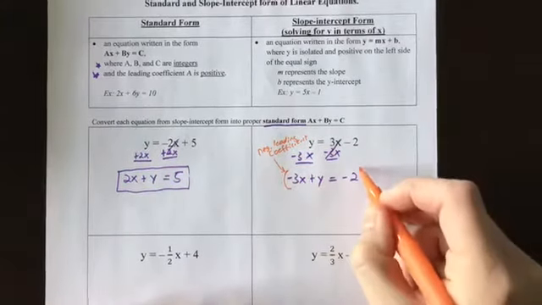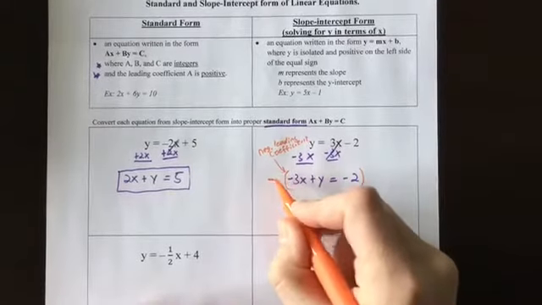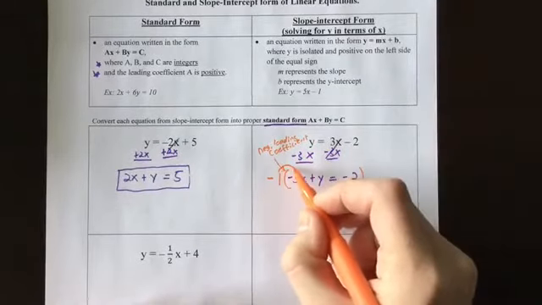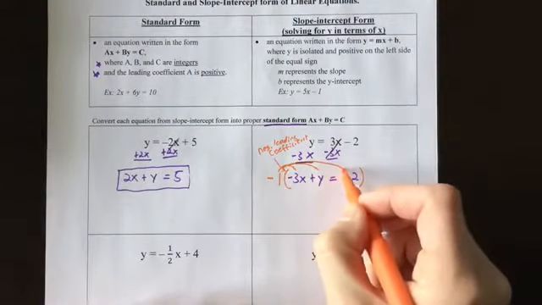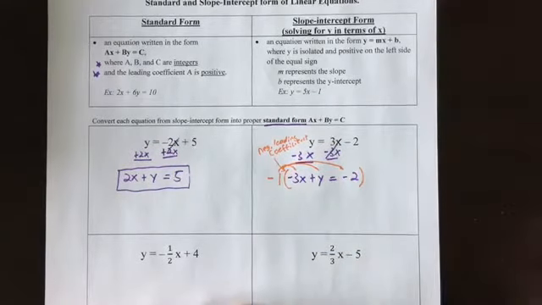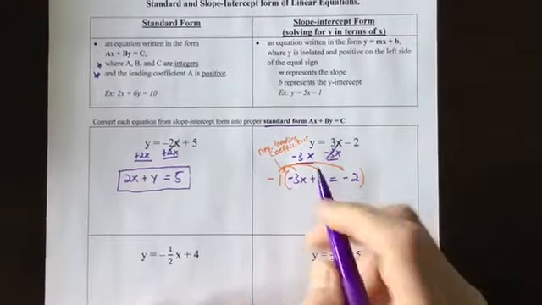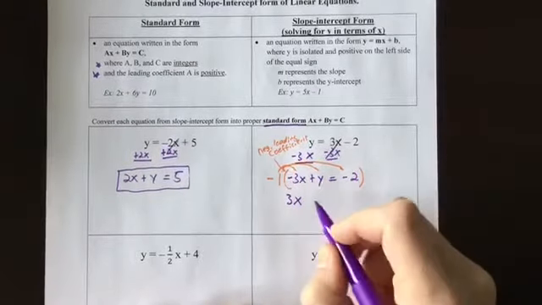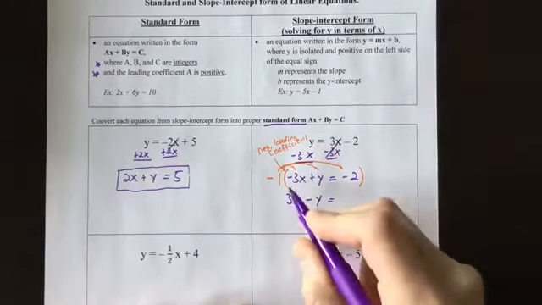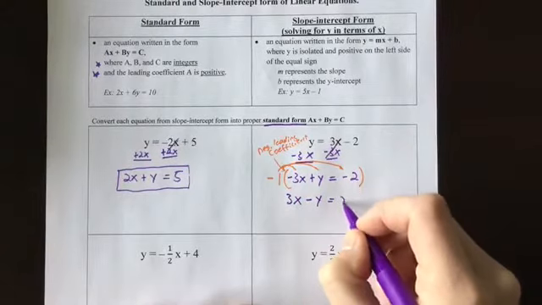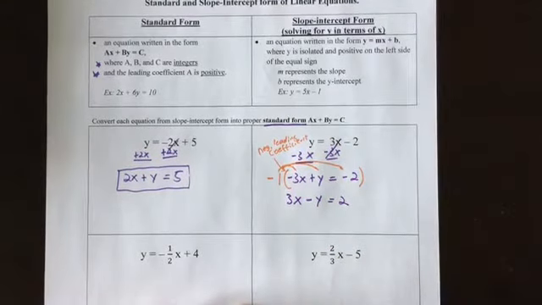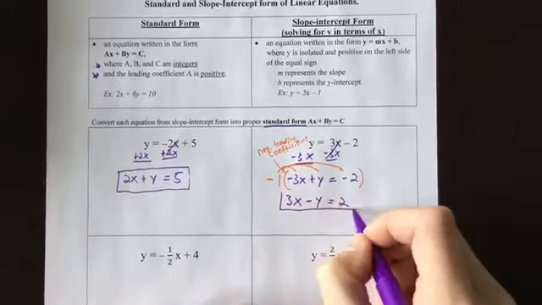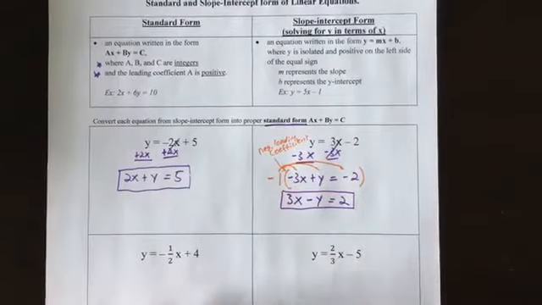So we're going to take the whole equation and multiply by -1. So essentially we're distributing to each term. When we do that, -1 times -3x is going to be +3x, -1 times y, -y, -1 times -2, +2. Now we're in proper standard form. We can box our answer.